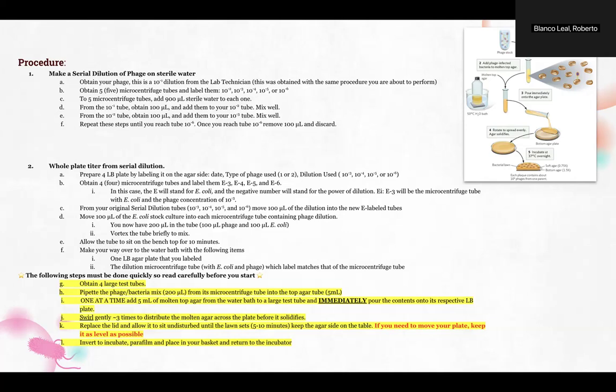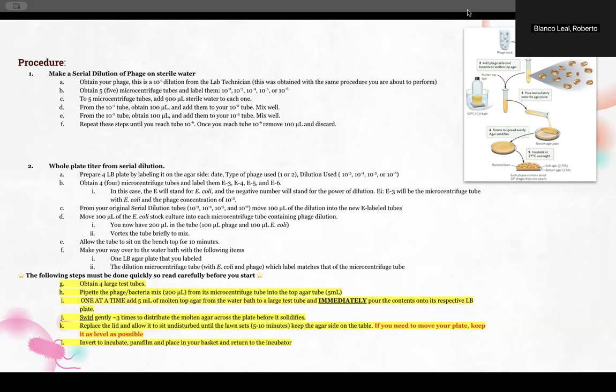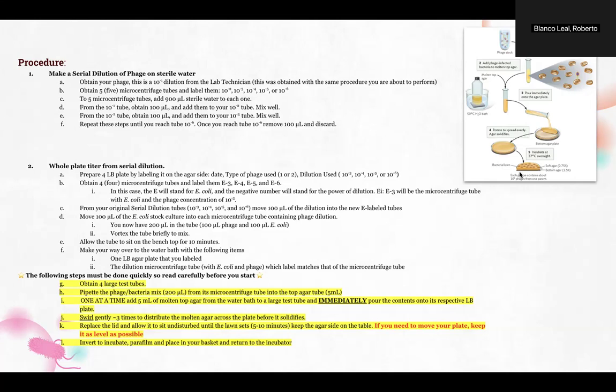Pour the contents onto the respective LB plate. Stir gently 3 times to distribute the molten agar across the plate before it solidifies. Replace the lid and allow it to sit until the lawn sets, 5 to 10 minutes. Keep the agar side on the table; you don't need to move the plate. Keep it as labeled as possible.